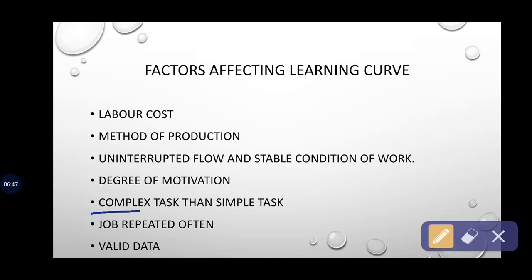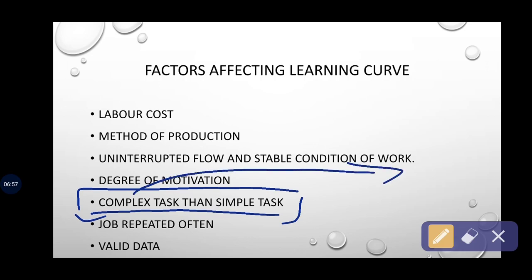And next is a complex task versus the simple task. According to some authors, if a company has given a complex, that is difficult, task, the employees will be more concentrated on doing it.